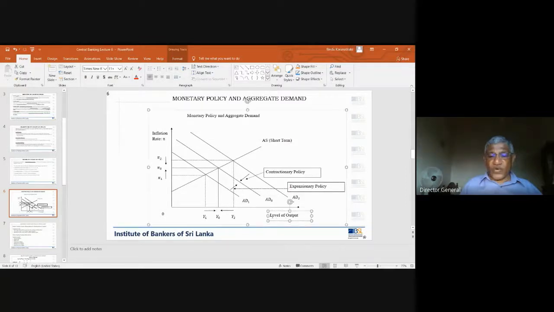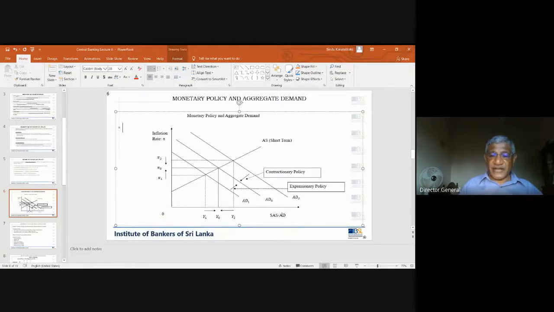If you want, you can change this as short-term aggregate supply and aggregate demand. Because we know at the equilibrium, the output level is SAS, meaning short-term aggregate supply.